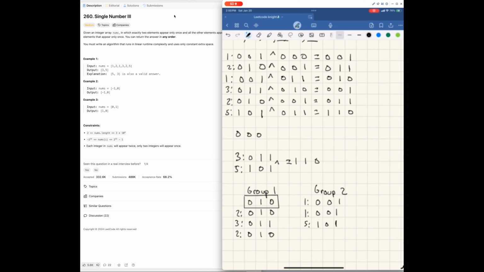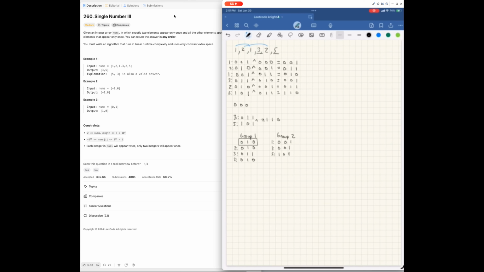Aha! Are you seeing something now? All right. We have 2 groups where all the numbers are duplicated except for 1. I bet you're seeing it now.